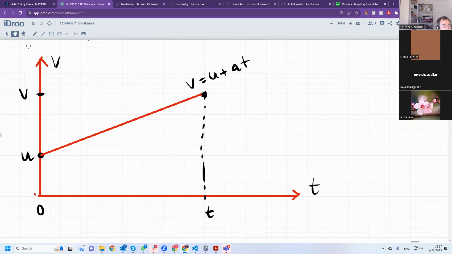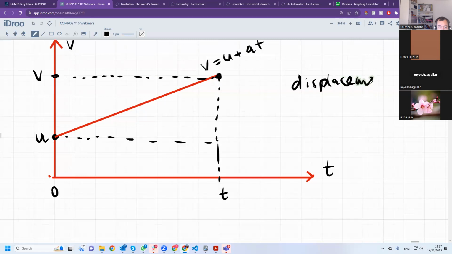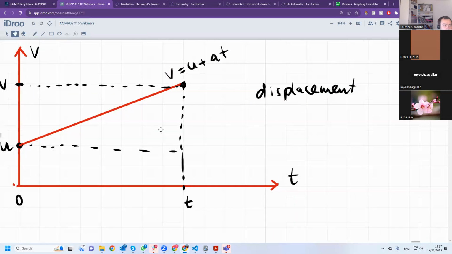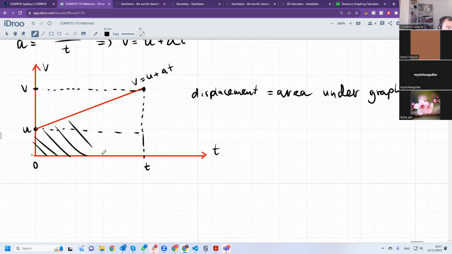Final velocity is v. The distance that you have traveled, your displacement, is the area under the graph. If you're moving in a straight line, it is displacement.